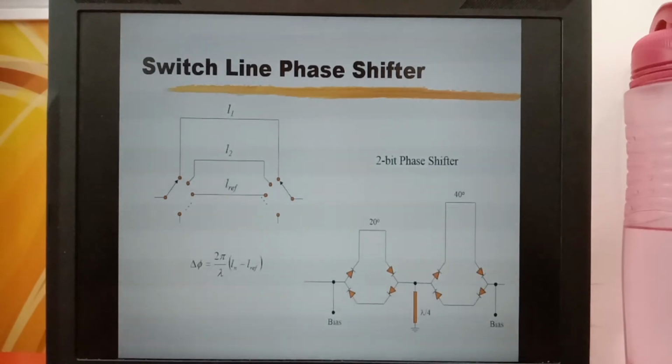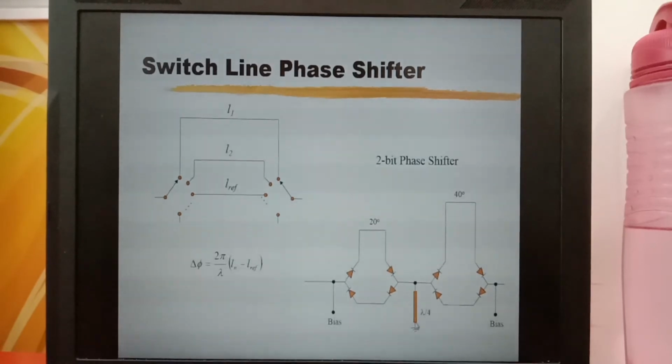The diodes are turned on or off by the bias voltage at this point and this point. So when the voltage is positive, this diode and this diode is turned on, whereas these two diodes are turned off.